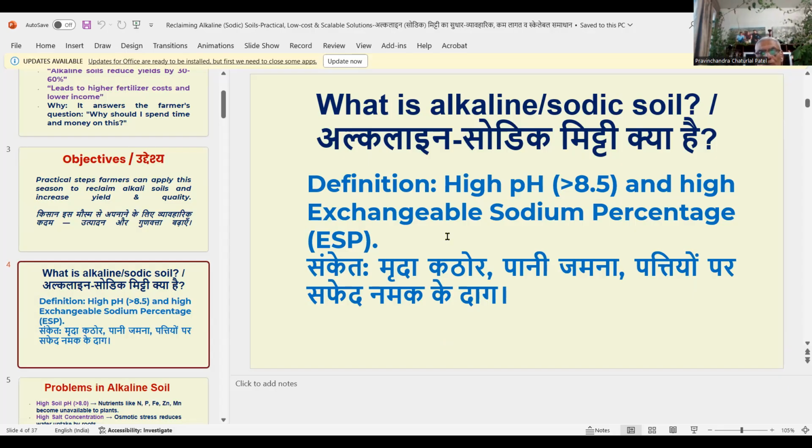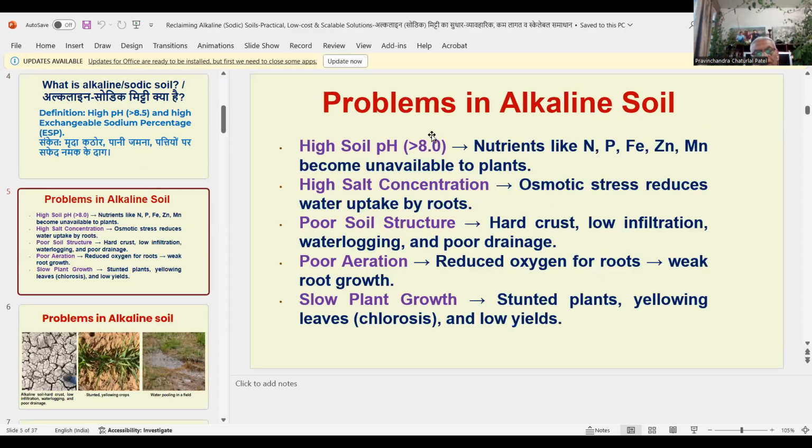Similarly, in soil, when the sodium content increases and calcium and magnesium decrease, then soil pH increases and exchangeable sodium percentage increases to more than 15%. So the soil becomes very hard, with crust formation and waterlogging conditions. You can see this in the next slide.